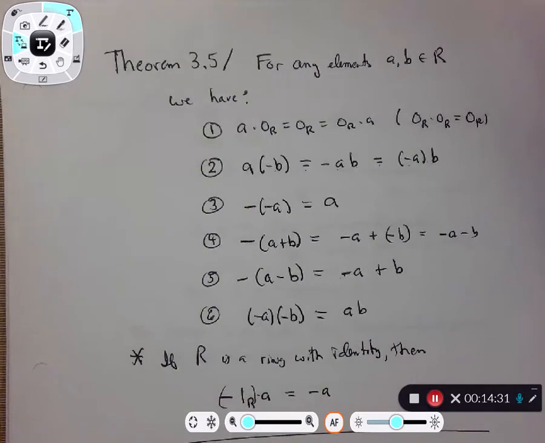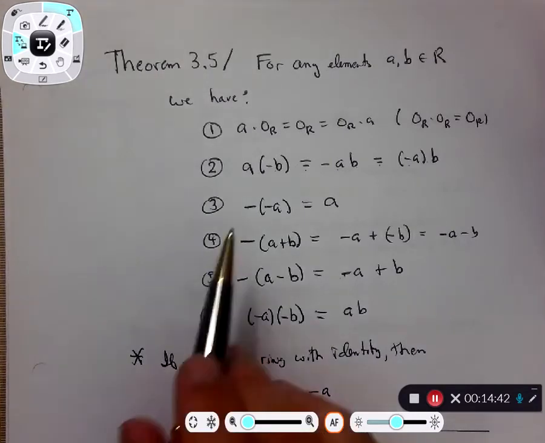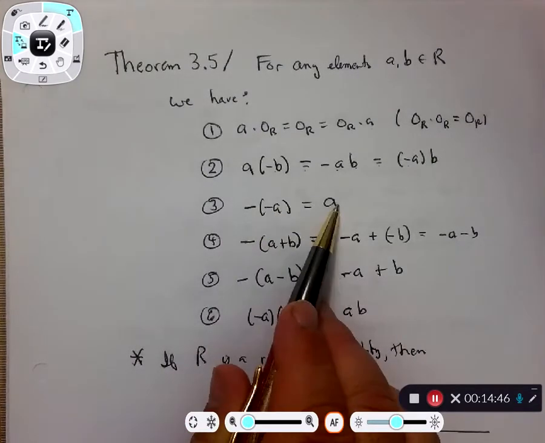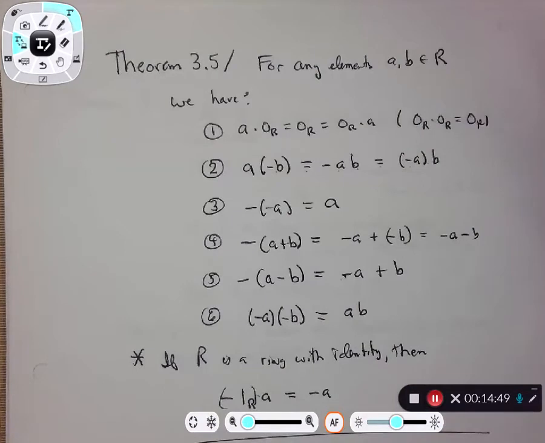Number 3 is pretty obvious to those who have ever played with integers, but we write it in terms of ring structure. The negative of negative A is equal to A. The additive inverse of the additive inverse of A is actually back to A again. Remember, that negative refers to the additive inverse.